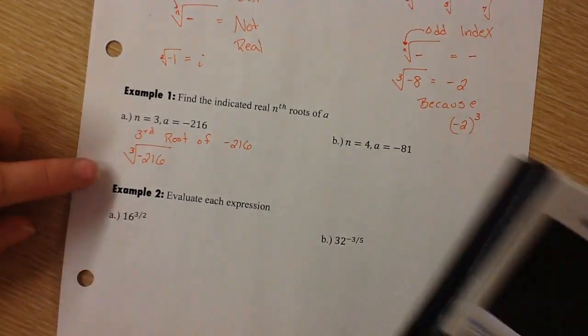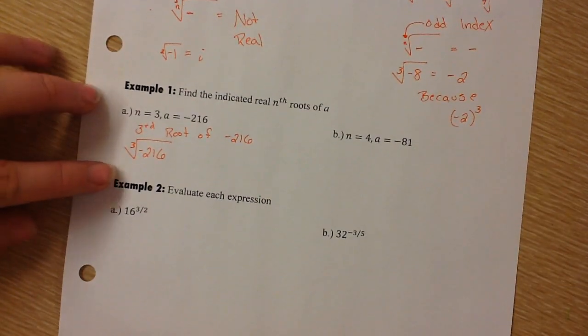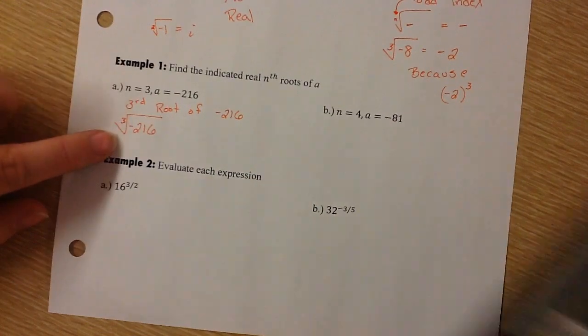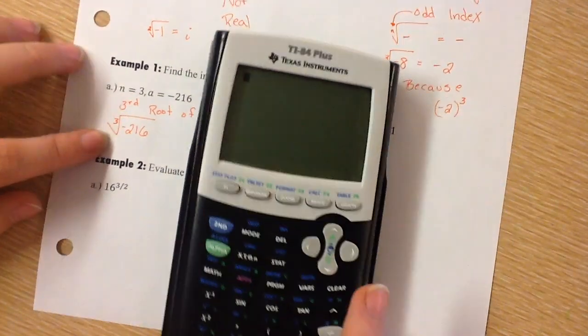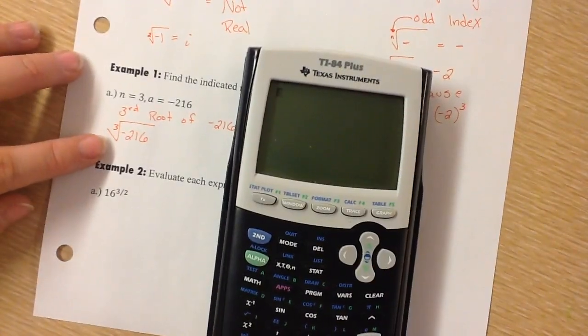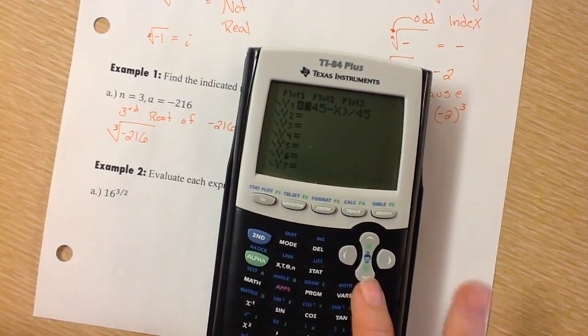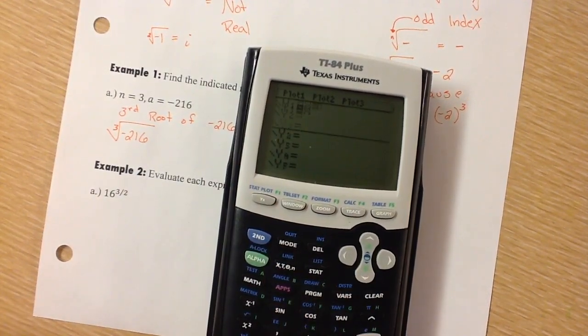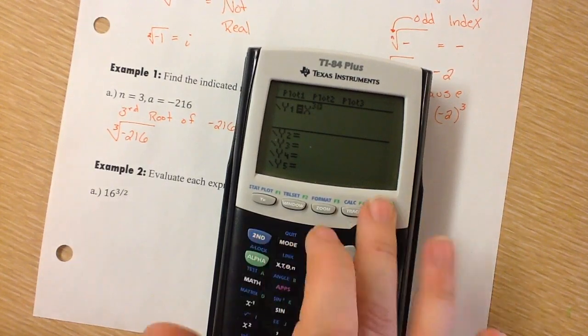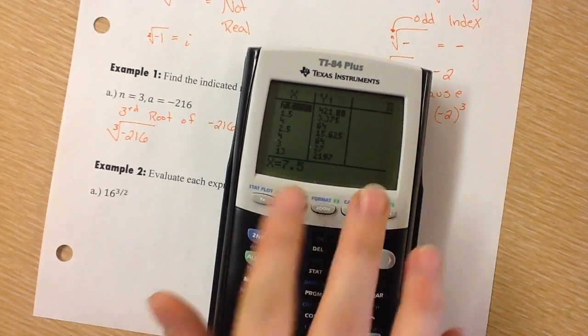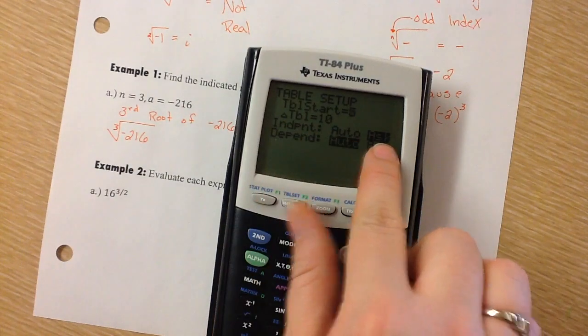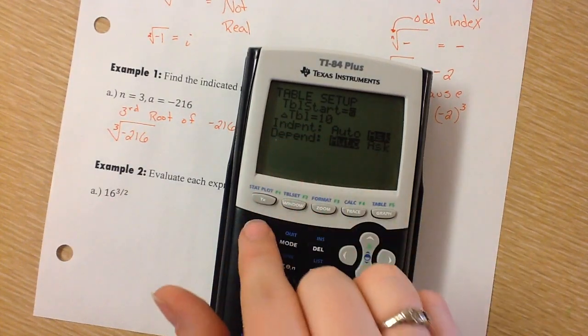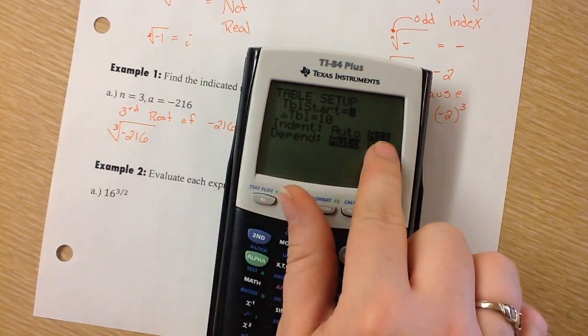I don't know my thirds that far, and I don't know if 216 is in that list, so I'm going to use my table to quickly create a table of roots. I'm going to go to my y equals and type in x to the third, then go to my table. My table is already set to ask for the independent variable.